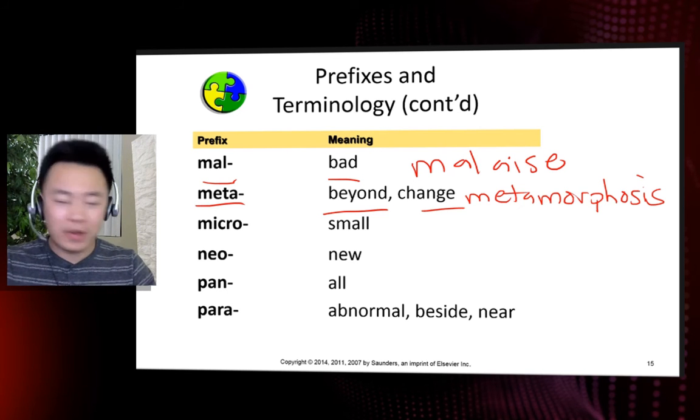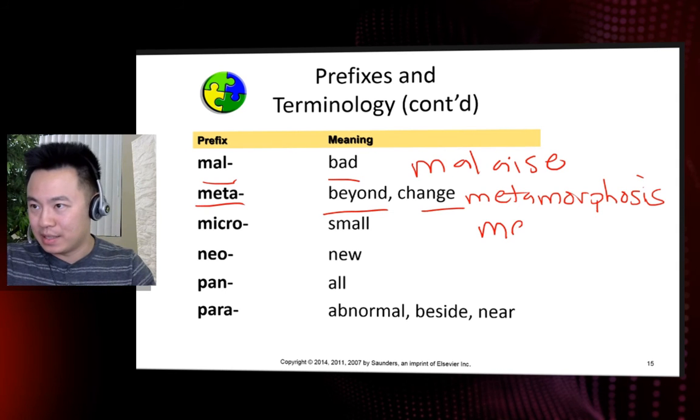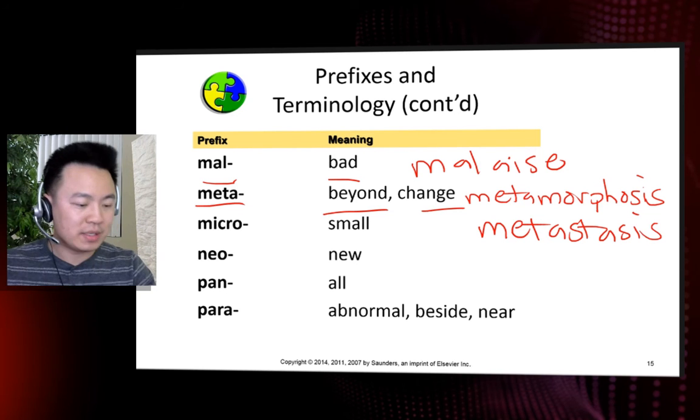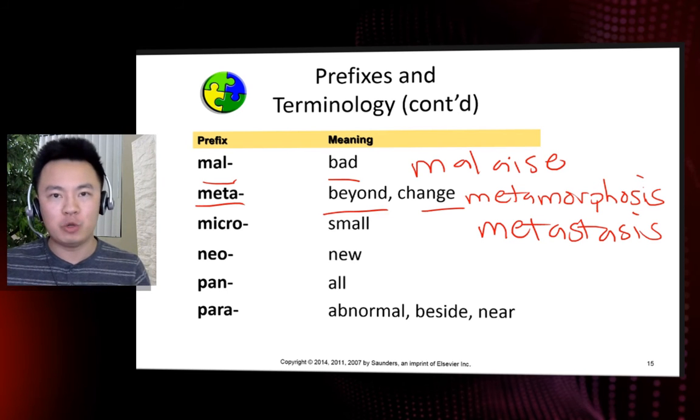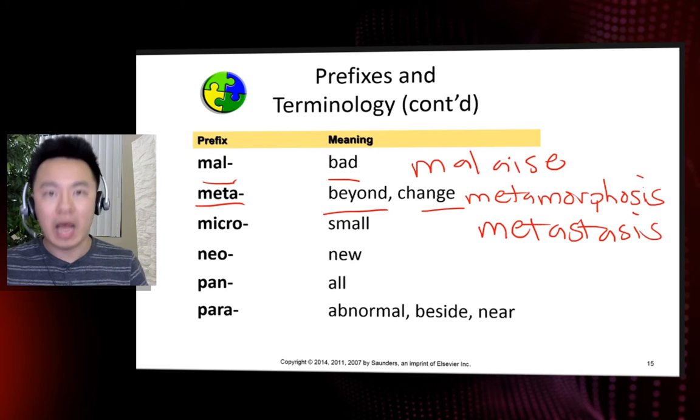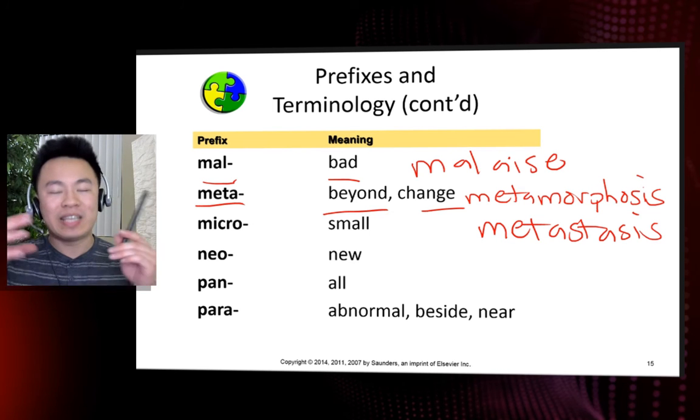We also have here metastasis. Metastasis is the spread of a cancerous tumor to a secondary organ or tissue. There are two types of tumors out there. There's one that's a benign tumor, which is encased in a particular sac.